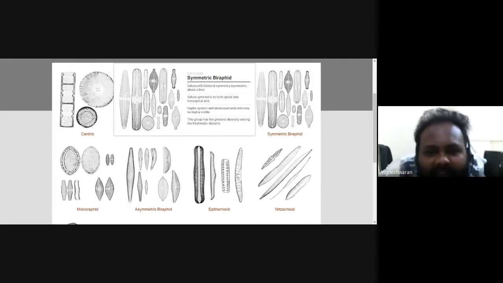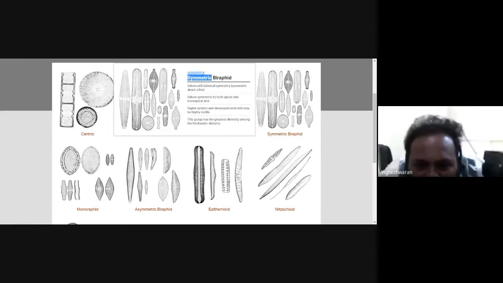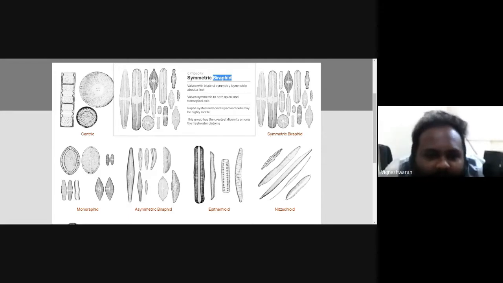It is bilaterally symmetric. If you cut the diatom into two pieces vertically and also horizontally, we will get equal pieces. The four different pieces will be equal. So that is why it is symmetrical biraphid. Symmetric is if you dissect the name, and biraphid means it has raphe on both sides.